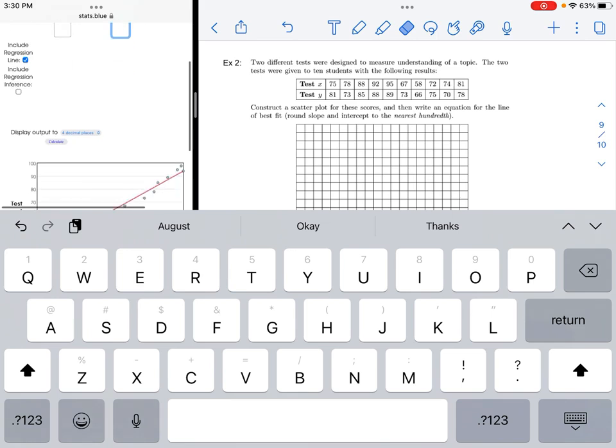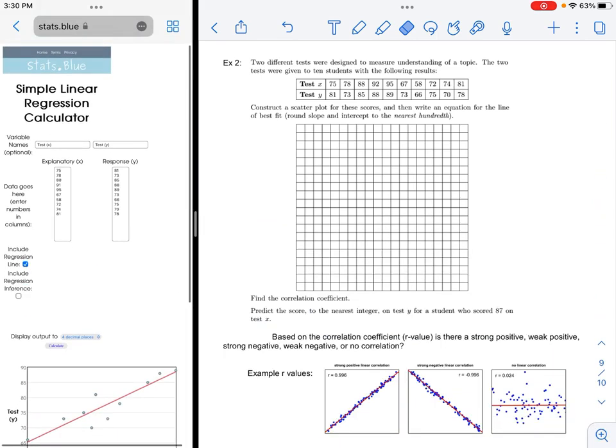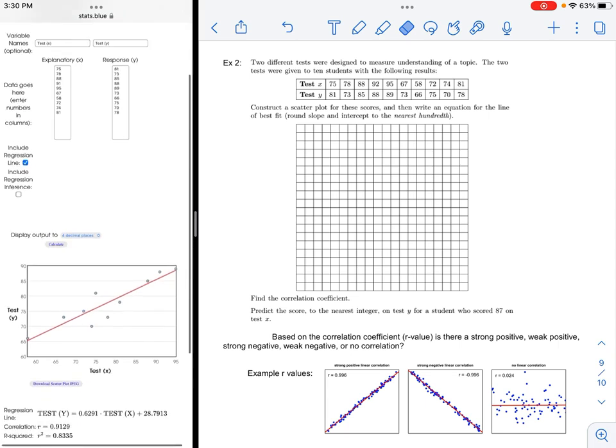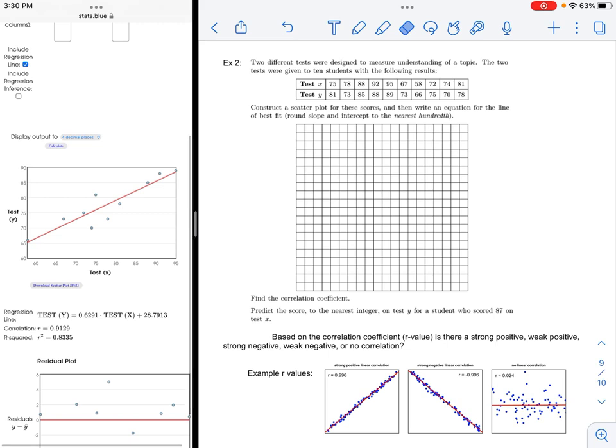And then include the regression line and hit calculate, and it will calculate this new set of data. Now notice it already gives us a scatter plot. So we're going to make sure it looks correct and graph it, okay?